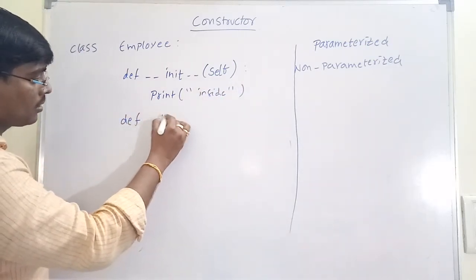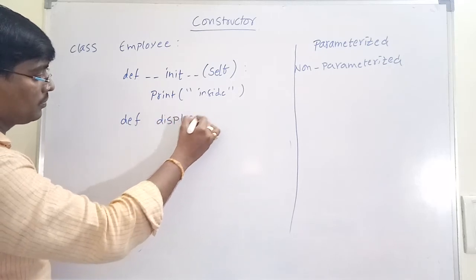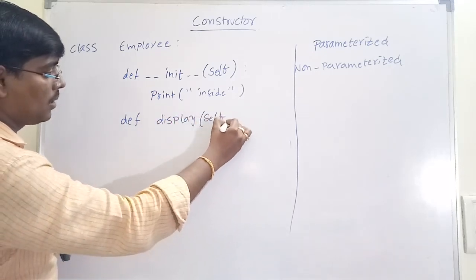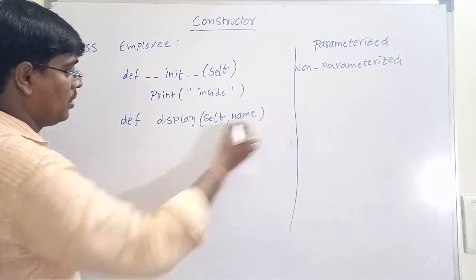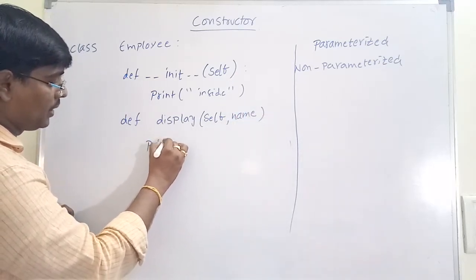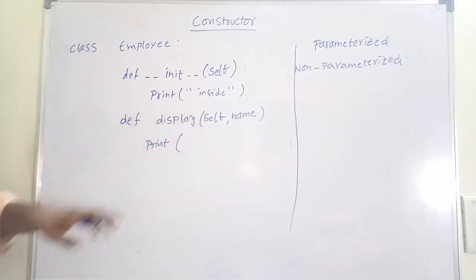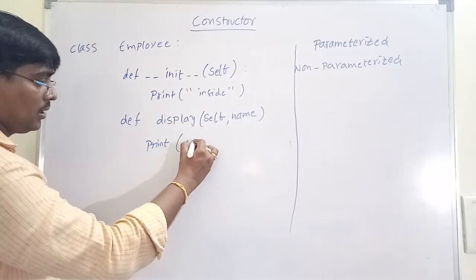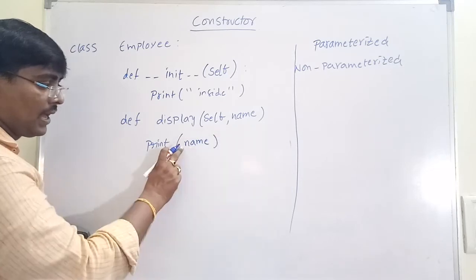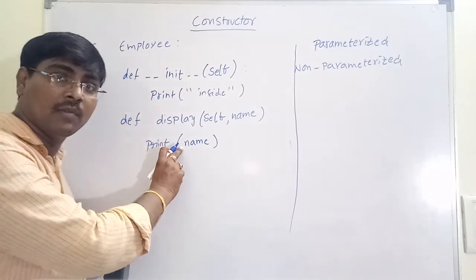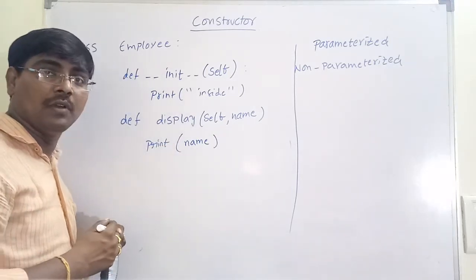Defining display of self comma, I am passing a variable name, print of name. I am simply printing the name. Observe this one. Here I am not using self.name. Why am I not using self.name?